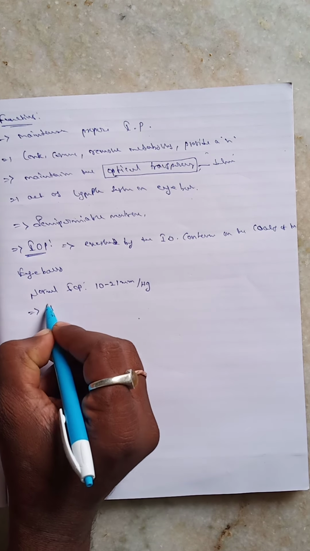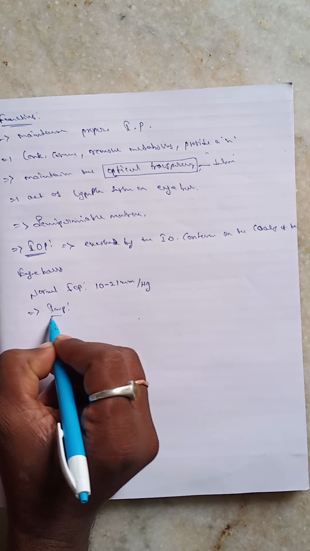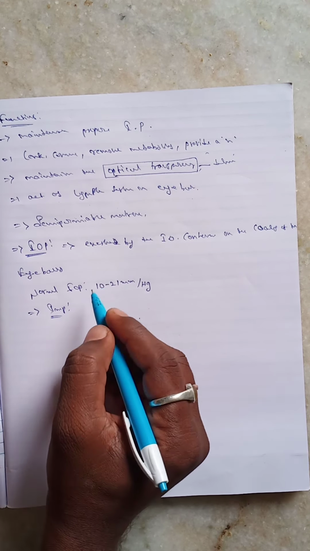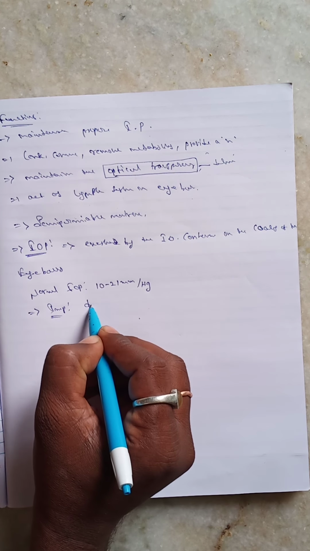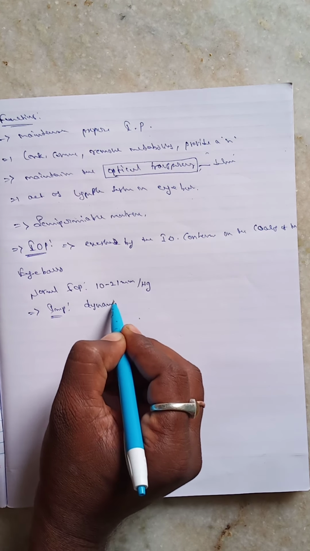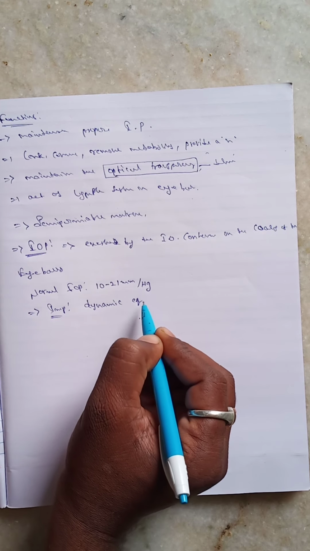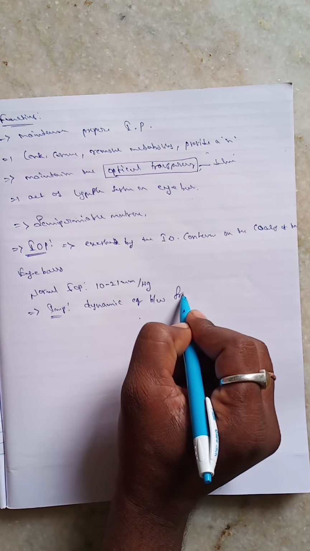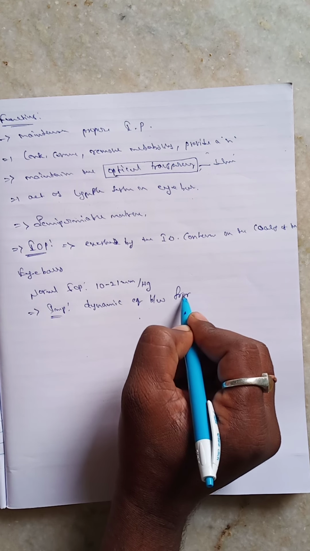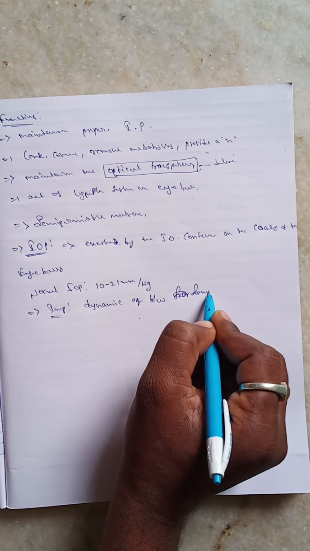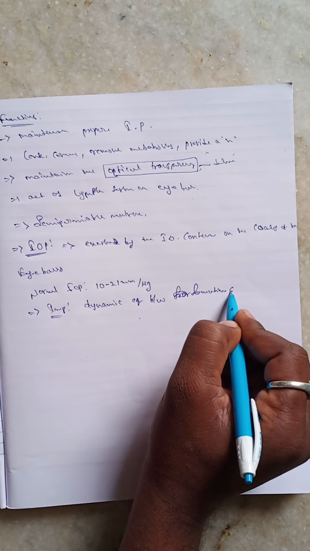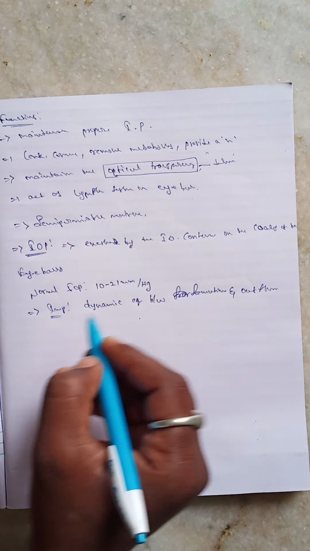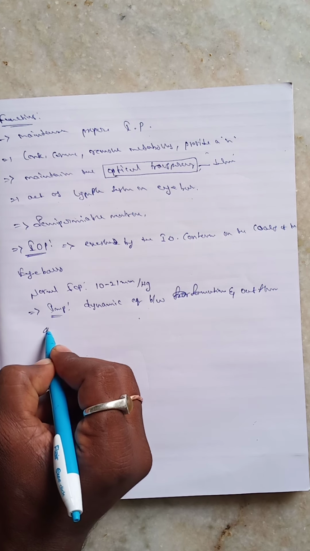What is the importance of the intraocular pressure? It maintains the dynamic equilibrium between the formation and outflow of the aqueous humor.